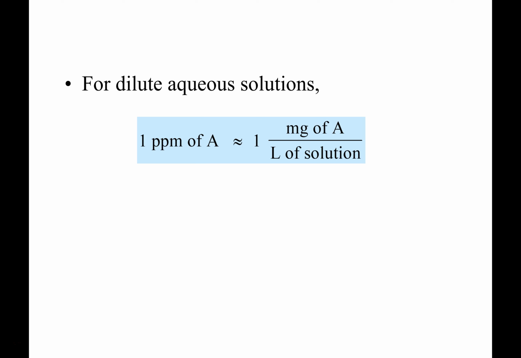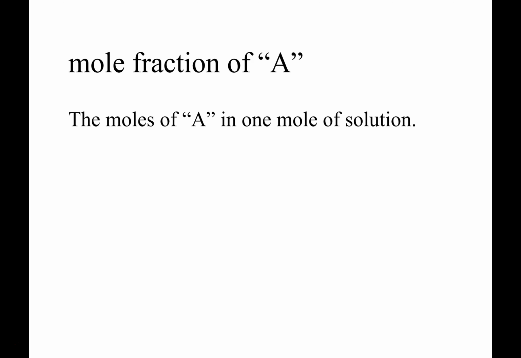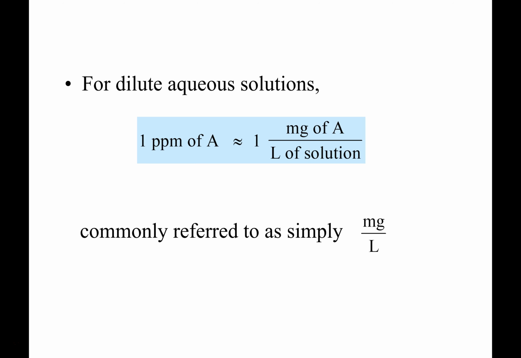The mass of your solution is no longer 1,000 grams, it's something else. Okay, so anyway. So parts per million and milligrams per liter are the same thing. So that might come in handy sometime. So parts per million is essentially equal to milligrams of A per liter of solution, milligrams per liter.